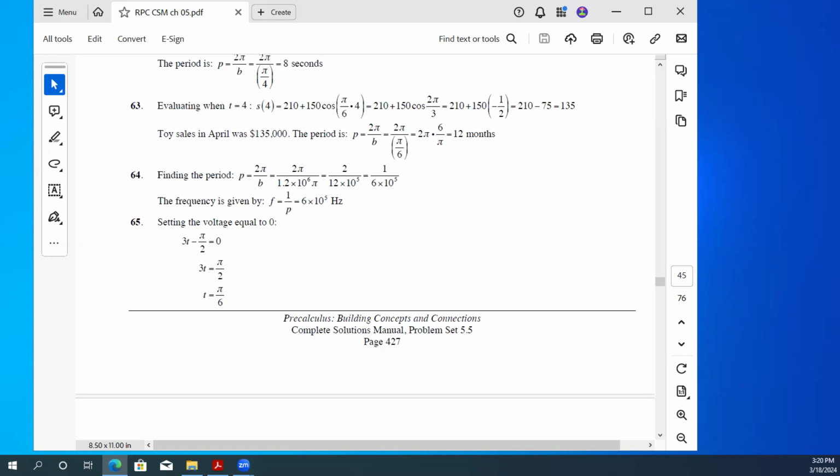So it's 1.2 times 10 to the 6 divided by 2. So it's really 600,000.